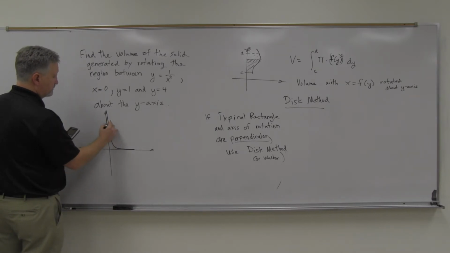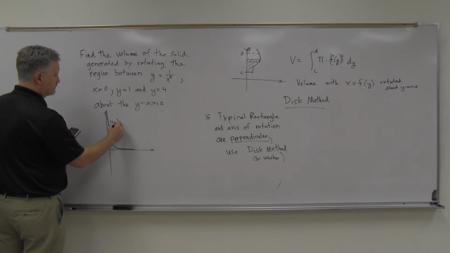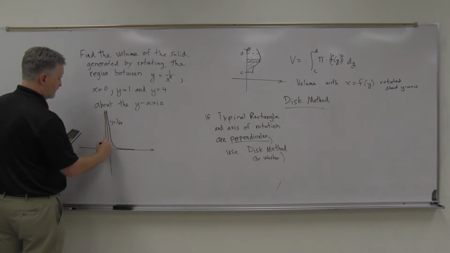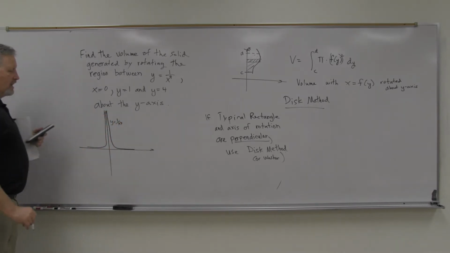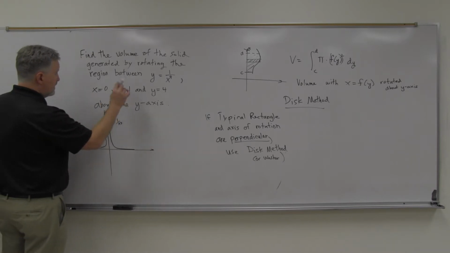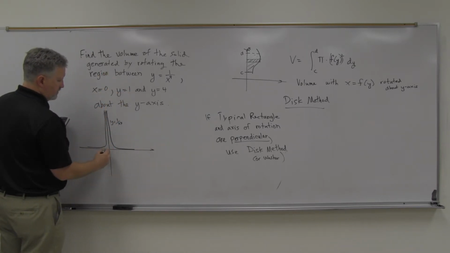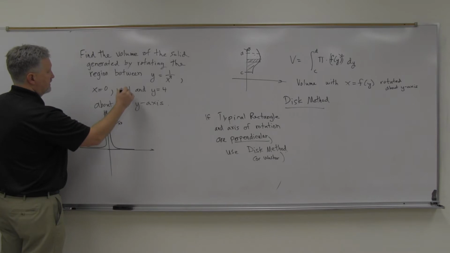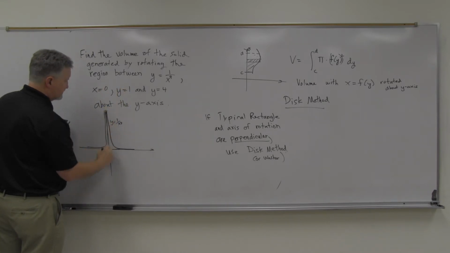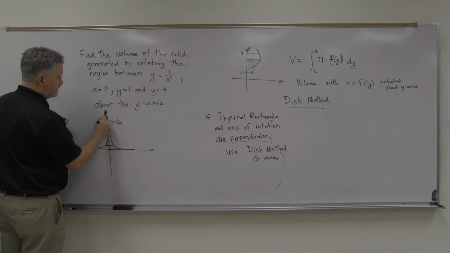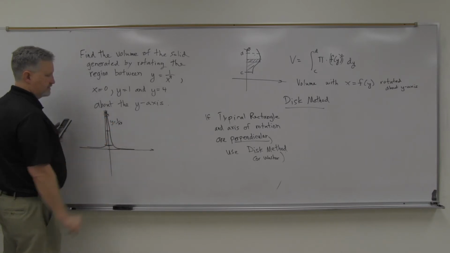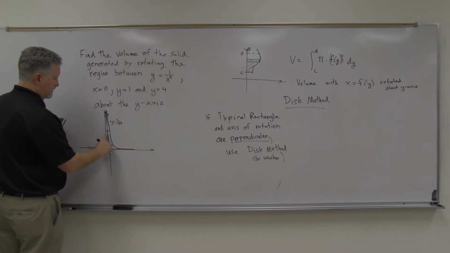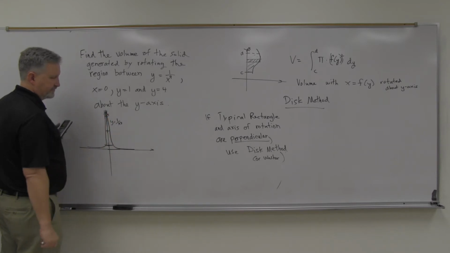So I want to do the region between that, x equals 0, which, I'm sorry, x equals 0 is the y-axis, y equals 1 to y equals 4. So I'm going to rotate that about the x-axis, rotate that about the y-axis.